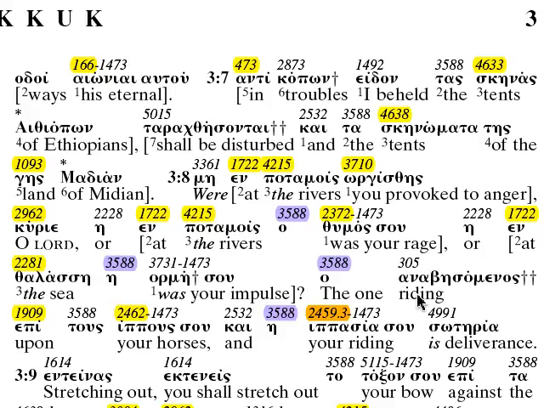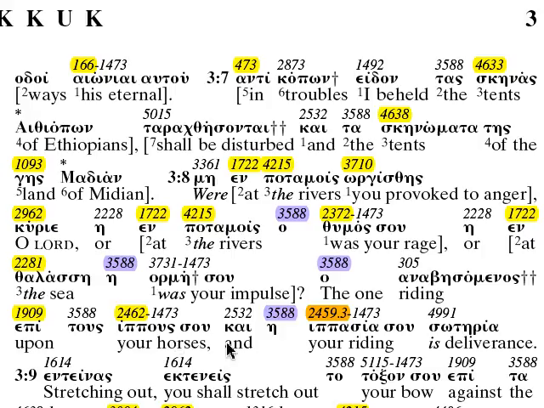The one riding upon your horses, epus, the one riding upon your horses, mentions the horses in the 6th chapter of Revelation, and in the 11th chapter it mentions the white horse in the book of Revelation.